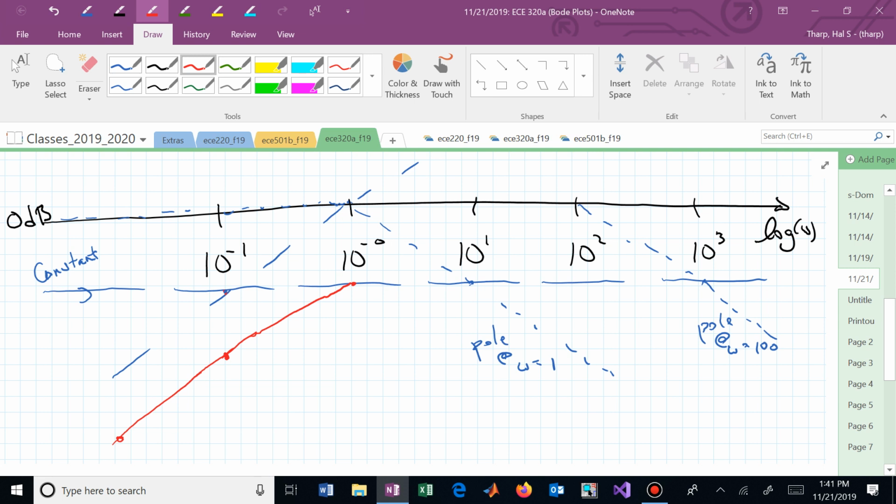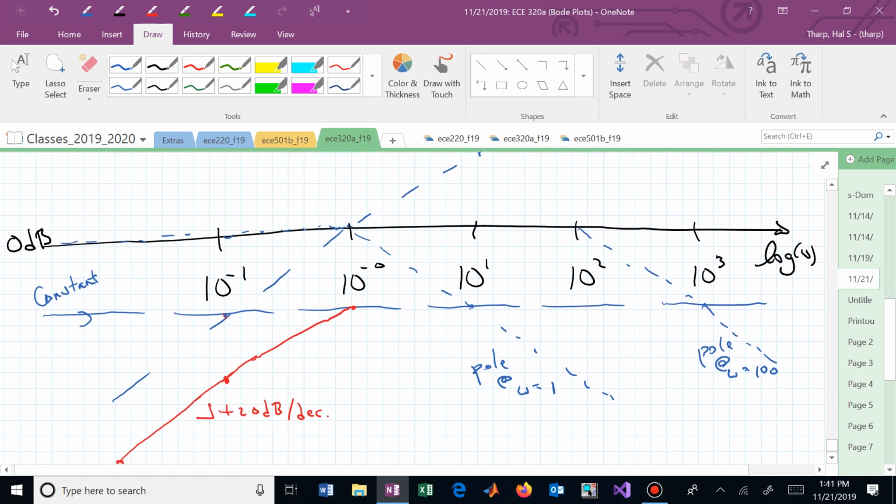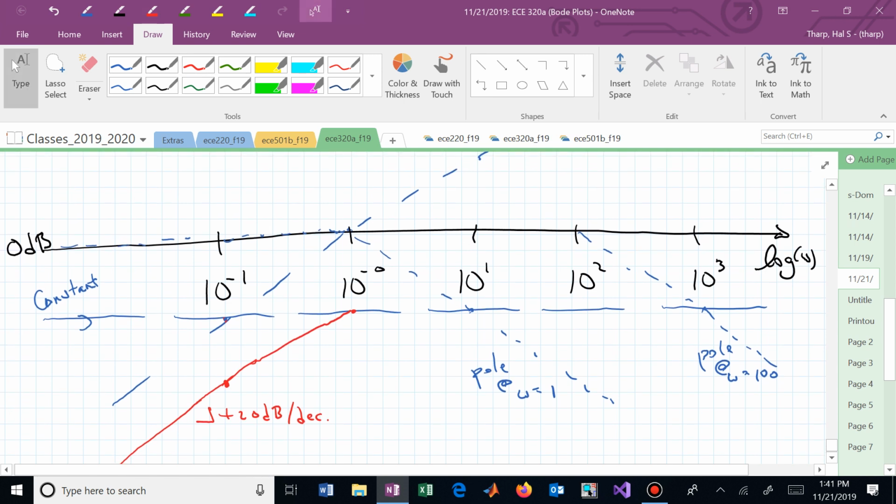This is plus 20 dB per decade. Now what do I do with the red line? I had plus 20 and minus 20 for slopes. They cancel.